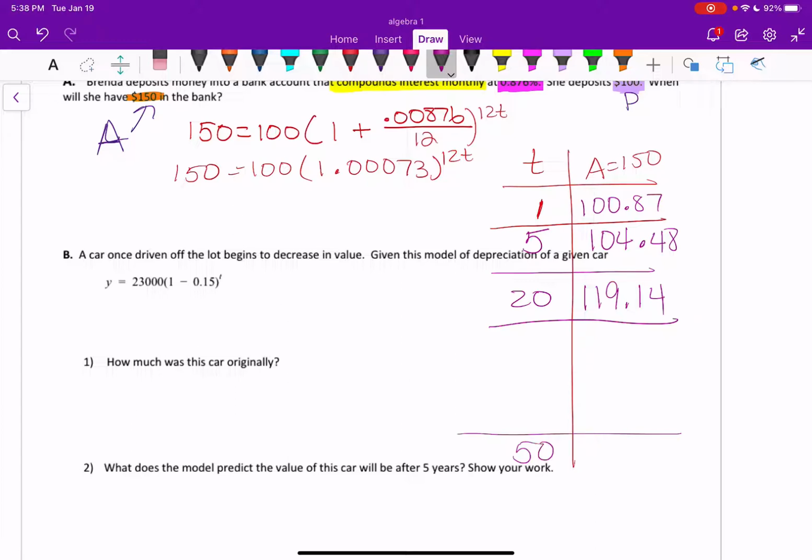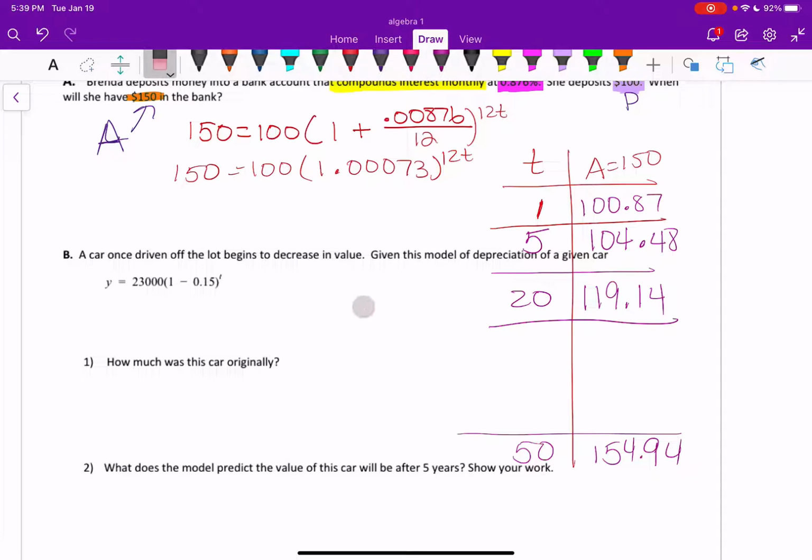So now it's going to be 100 times 1.00073 raised to 50 times 12, so that's the 600th power. Okay, I got 154.94. So 50 was too high, but we're pretty close.